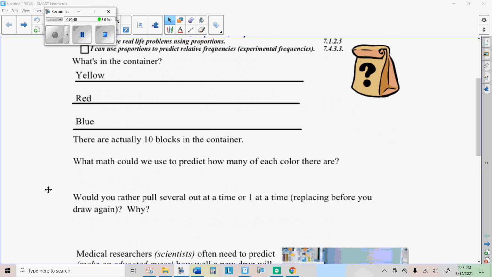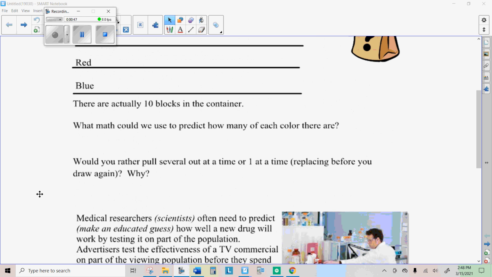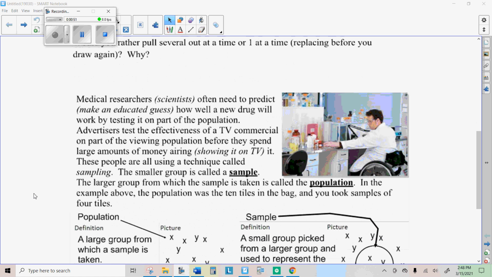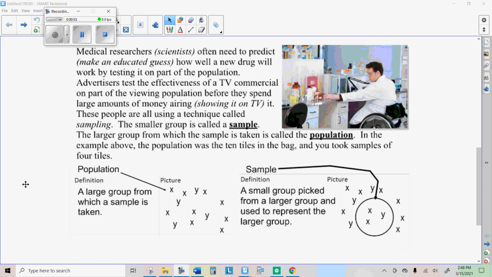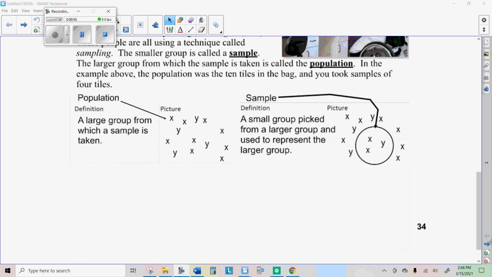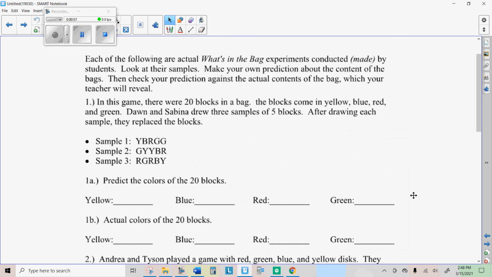Now, you can go ahead and read all this to get an idea about what these samples are used for. But I'll get right into it. Let's say there's 100 blocks in a bag, and in that bag there are 5 black blocks.